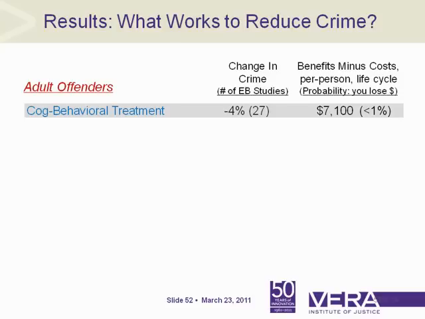For adult offenders, cognitive behavioral treatment, as of now we have 27 studies that were rigorous enough to include in our meta-analysis, resulting in a 4% crime change for people who participate in the program. After we monetize all the criminal justice system responses and back out the costs for the program, you come up with $7,100 in benefits per person. And this is life cycle benefits.